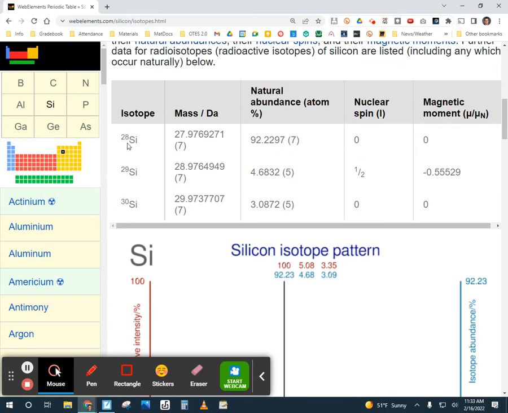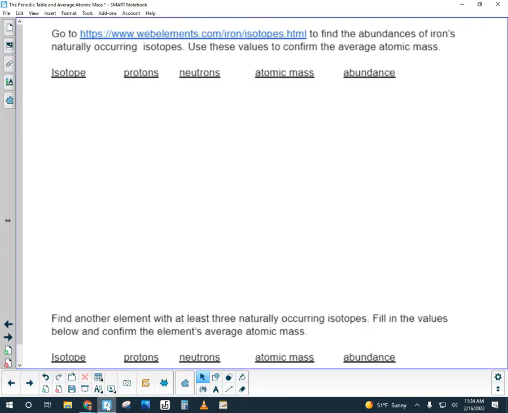The way these are listed here is the shorthand notation for isotopes, where to the left of the element as a superscript, the mass number is listed. If we look up silicon in the periodic table, it is atomic number 14. And the average atomic mass is 28.09. So I'm going to jot that down over here.